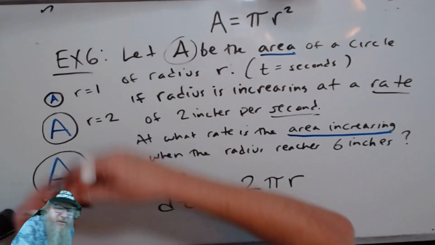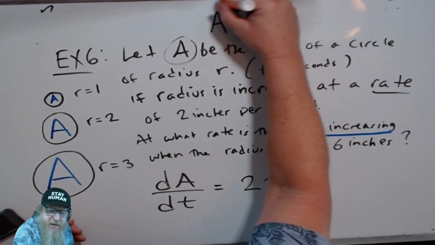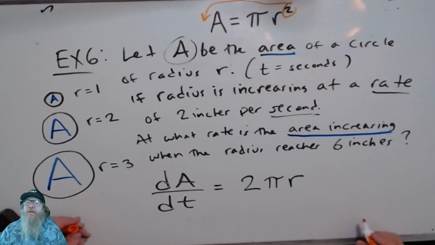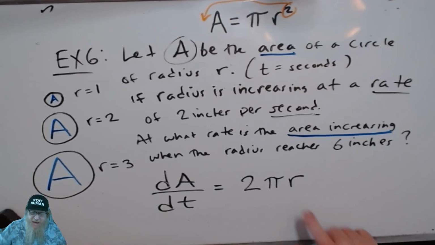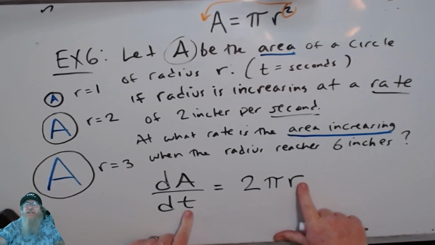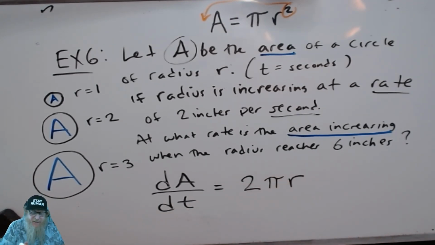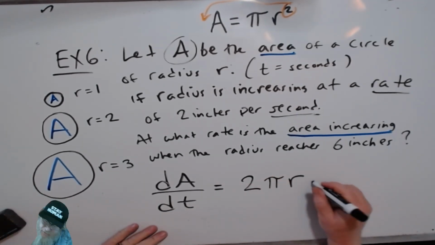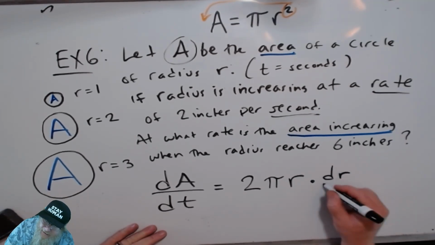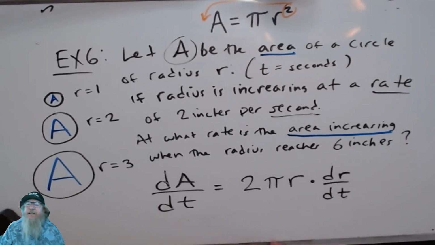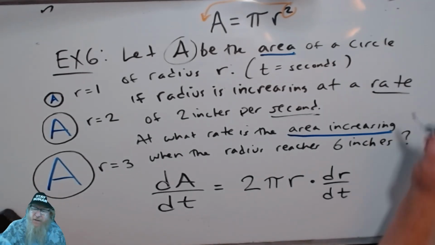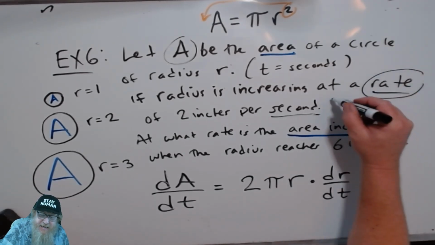Take the 2, bring it down in front. But because r is not a t, right? Notice there's no t in this equation. You have to use the chain rule and multiply by dr/dt.